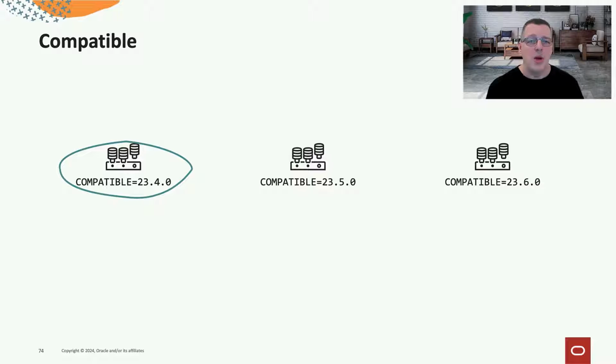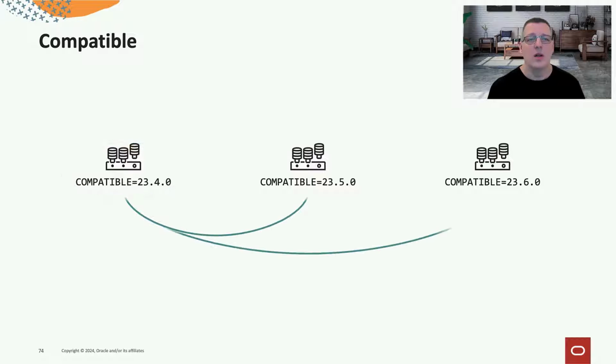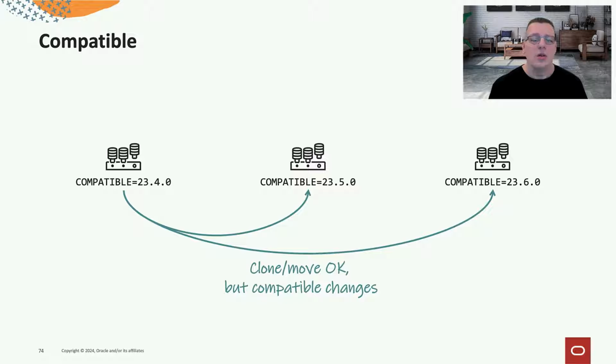For example, you have this CDB on the left using compatible 23.4.0. If you are moving your PDBs to the other 2 CDBs, it's fine because the compatible is higher. So remember, this is not a recommended scenario, but it's possible.